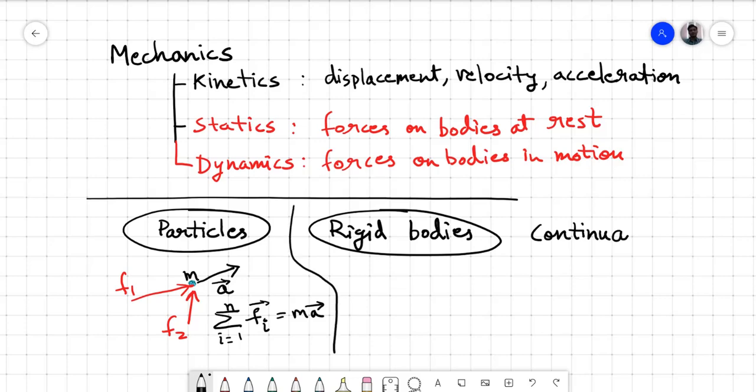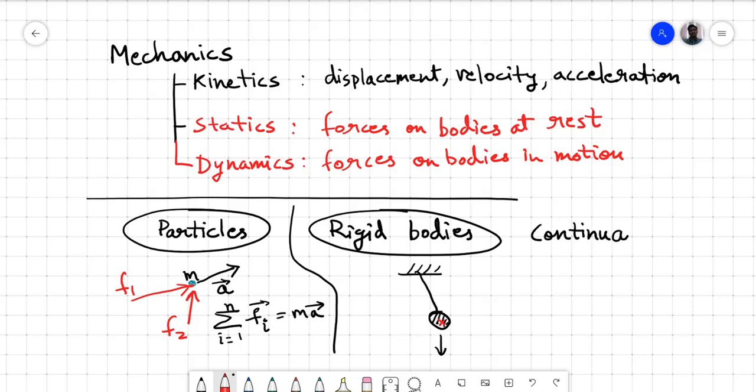Now for rigid bodies, let's say there is a pendulum which looks like this. This is not a point particle, so when a force acts on it, you can assume this force to be acting at the center of mass of this body. So you can convert the rigid body dynamics to point particle dynamics by averaging the forces acting on it.